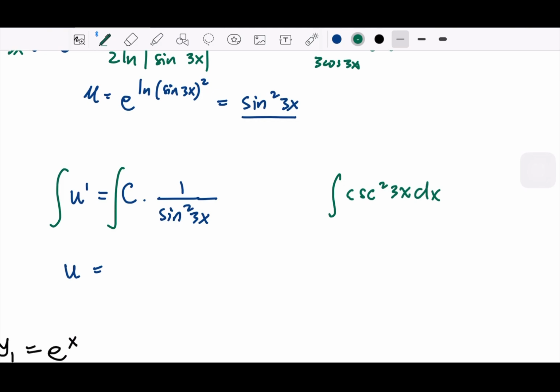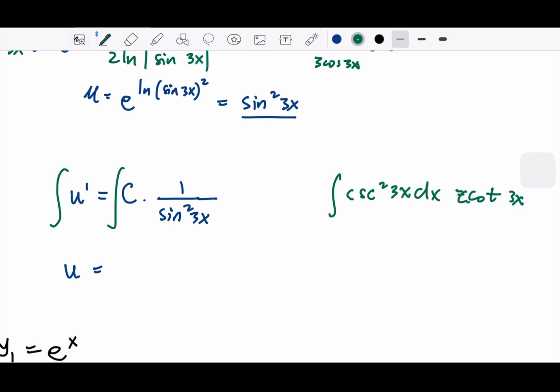So 1 over sine squared, what will be? Anyone? I think you can just use substitutions, right? Or if you have the table for the integration, this will be equal to the cotangent.